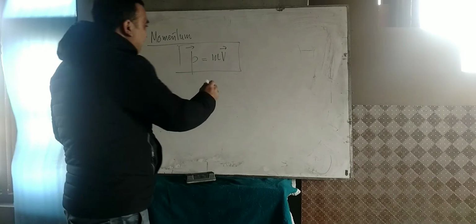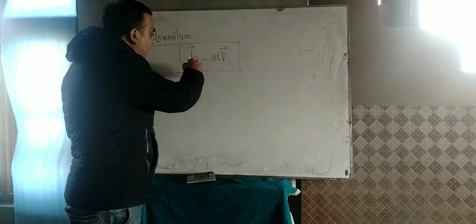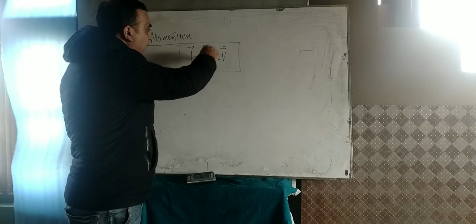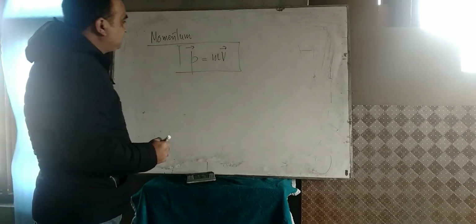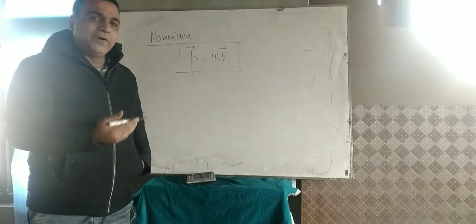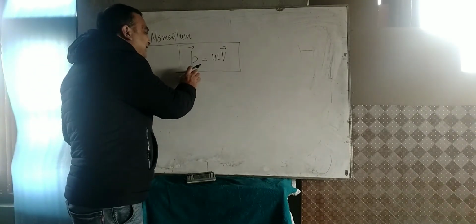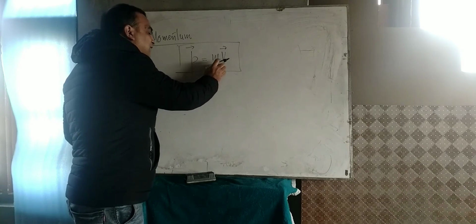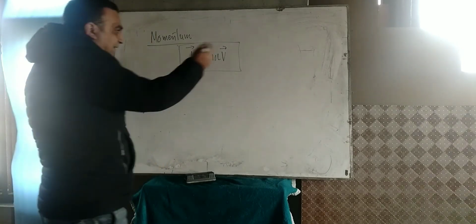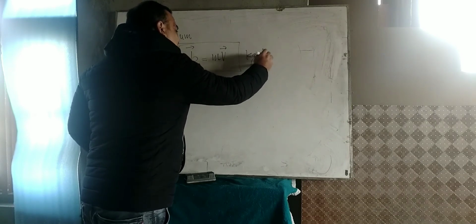The momentum is more when the mass of the body is more. Similarly, it is more when the velocity of the body is more. So, to calculate the overall quantity of motion present in a moving body, we have momentum, the product of the mass of the body and its velocity, and its unit is kilogram meter per second.